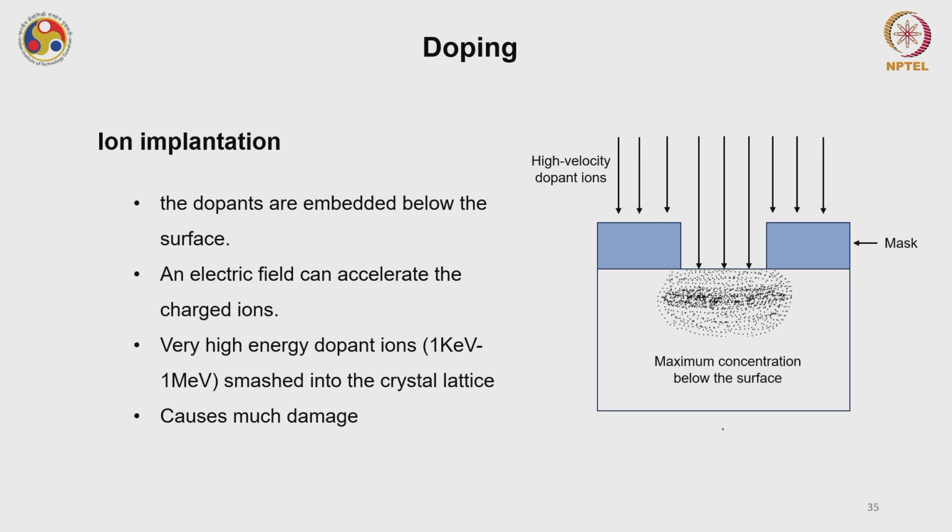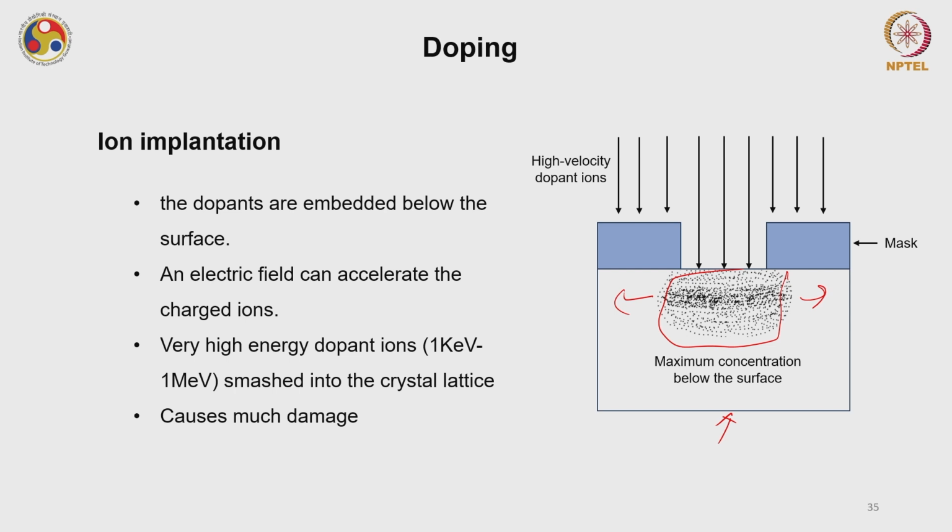As you can see in this figure, the maximum concentration of the dopants is located just below the surface, and the diffusion across this area is minimal. In this process the dopants are embedded below the surface itself.